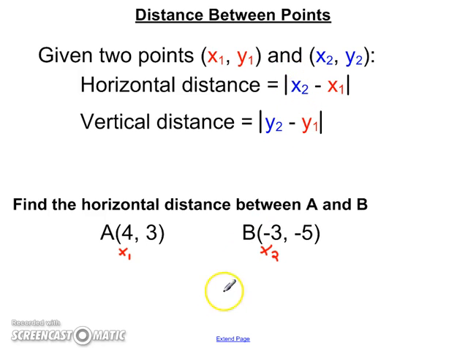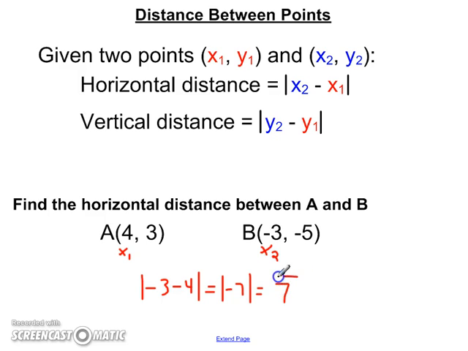This tells me to take my second x value, -3, subtract my first x value, which is 4, and then take the absolute value. I'm going to show you why, because this one is important. -3 minus 4 is -7. The absolute value of -7 is 7.